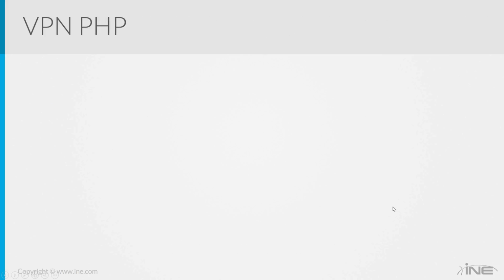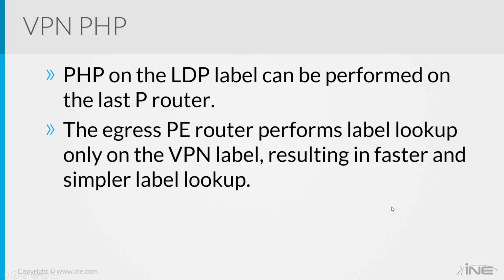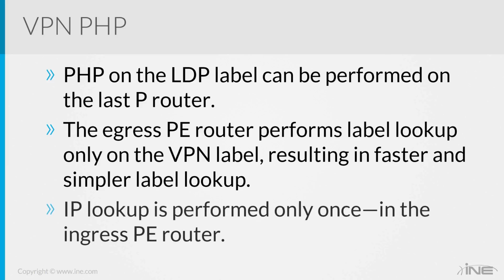So what is the VPN PHP process? PHP on the LDP can be performed on the last P router. The egress PE router performs label lookup only on the VPN label, resulting in faster and simpler label lookup. IP lookup is only performed once, and that is on the ingress PE router. He has to look to where he's got to go, and based off of that, there's a VPN label.